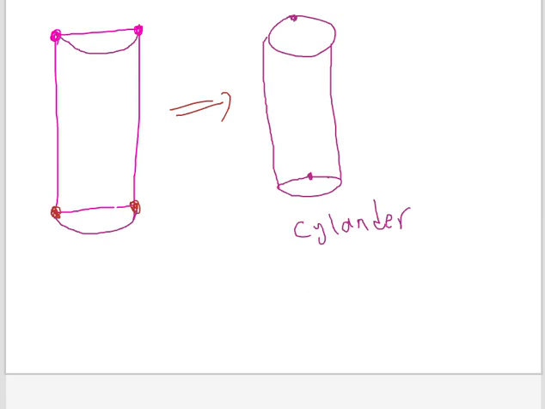I get a cylinder. Understand, anybody? I attach the equivalent points to each other, and then I get a cylinder.